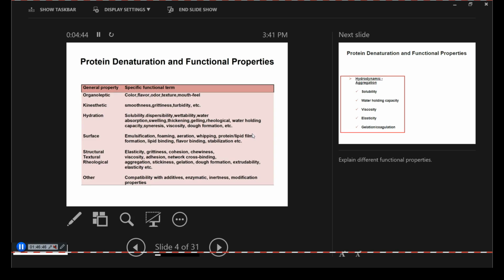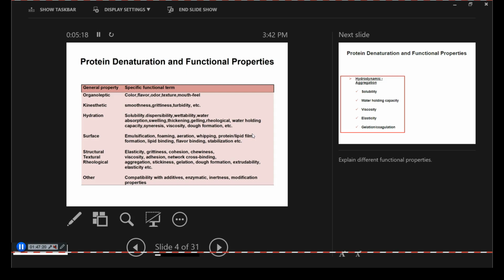Okay, when we talk about functional properties, it encompasses a lot of different properties. It can be organoleptic, based on sensation: looking at the color, smelling and tasting, changes in the texture, the mouthfeel. It could also be touch: smoothness, grittiness, turbidity.